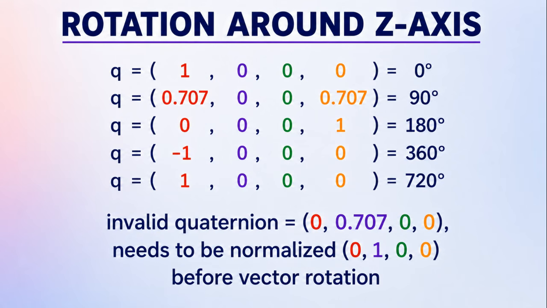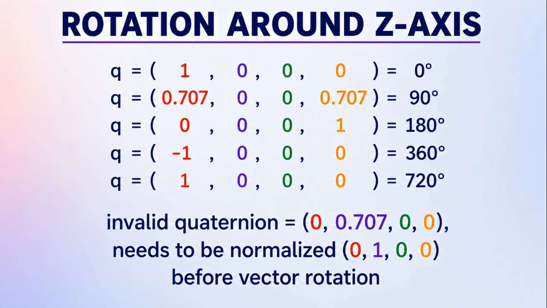A 360-degree rotation about any axis is represented by -1 in the scalar component and a 0 vector. This represents the same physical orientation as a 0 rotation, even though it is a different quaternion. Only after a further 360-degree rotation, making 720 degrees in total, does the quaternion return to its identity form.